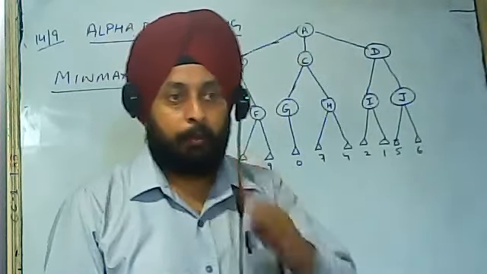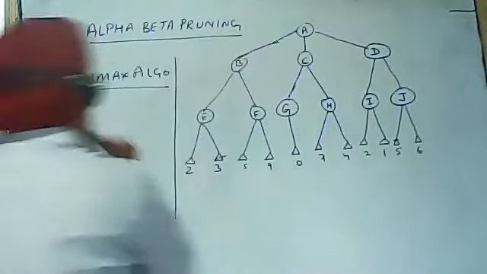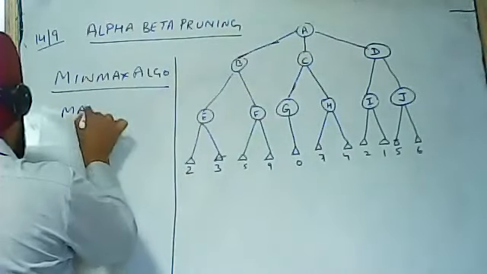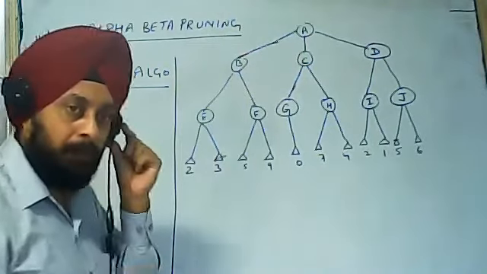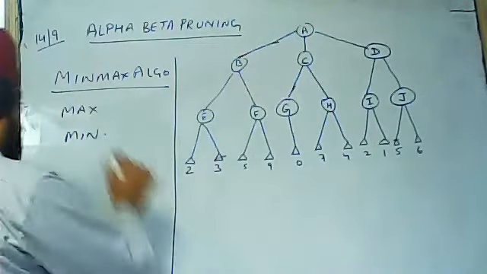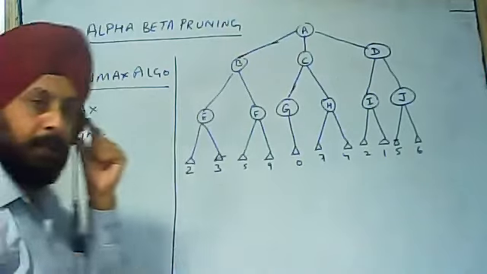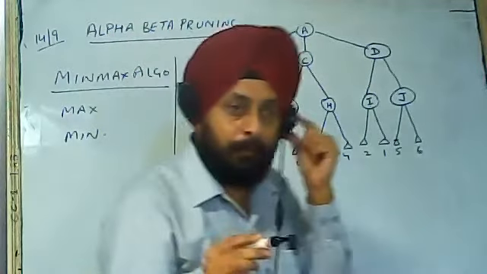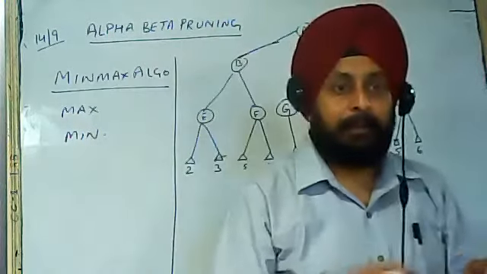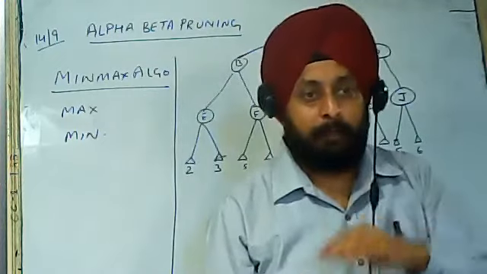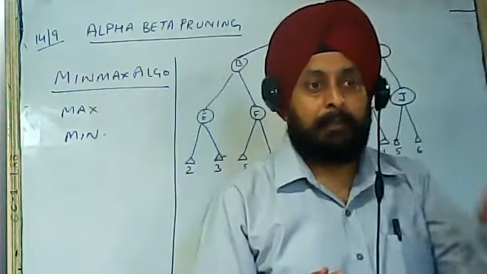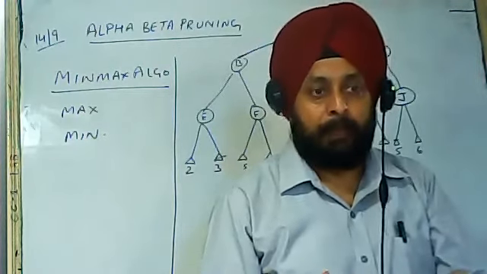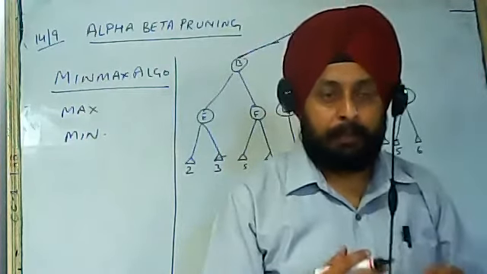The first player is max and the second player is min. Both the players play the game with alternate moves. The first move is taken by max, then the second move by min, or alternatively, if the first move is taken by min, then the second move is taken by max, and they play the game.